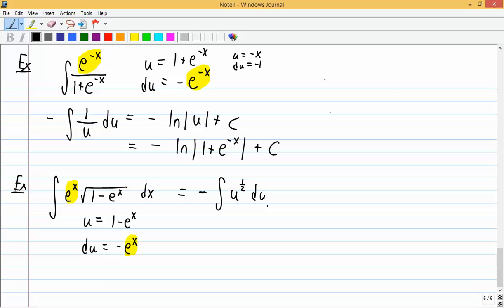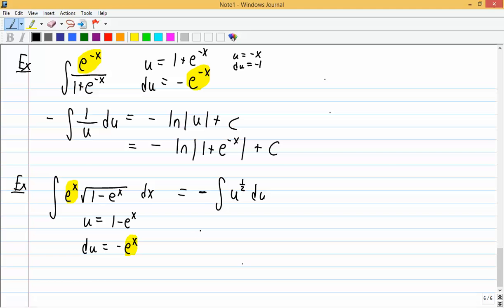A common mistake here is for students, when they rewrite it, to just write the integral of u. But I let my u equal everything under the radical, so when I rewrite this, I have to make sure that I make that u to the 1/2.